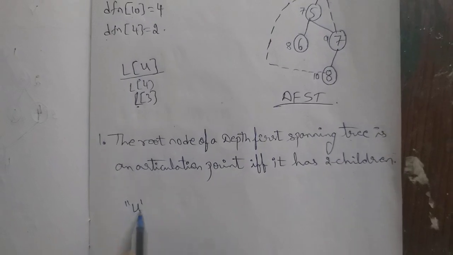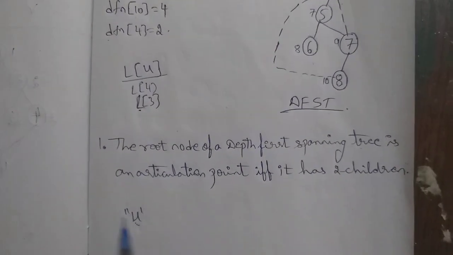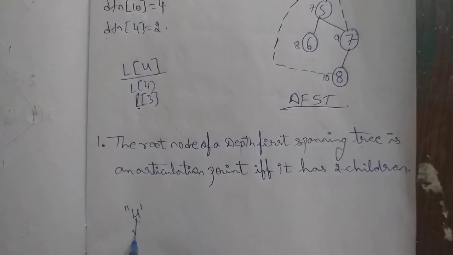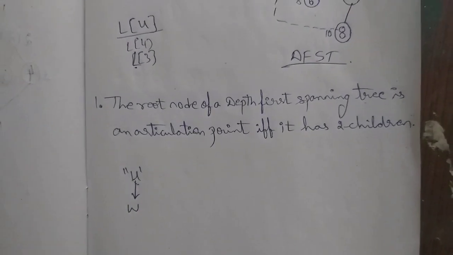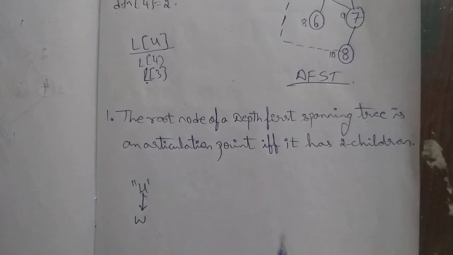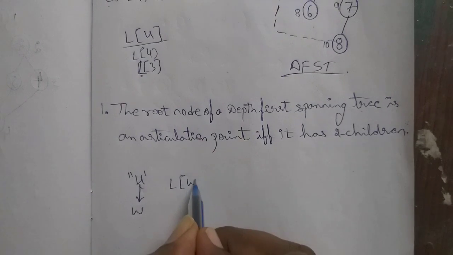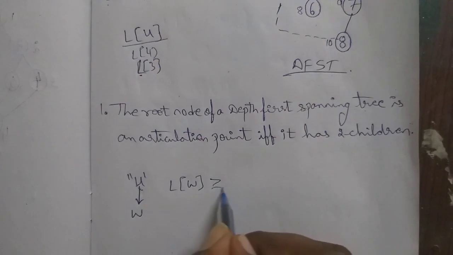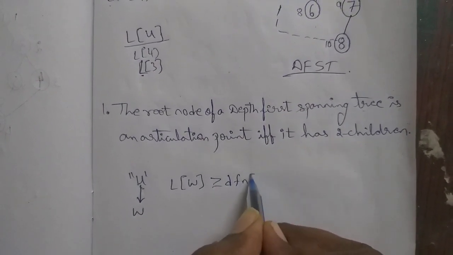A node U is an articulation point if and only if U has a child W such that L of W is greater than or equal to the depth first number of U.